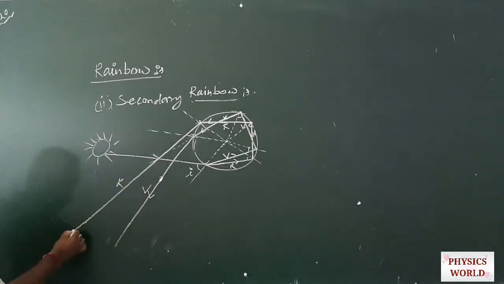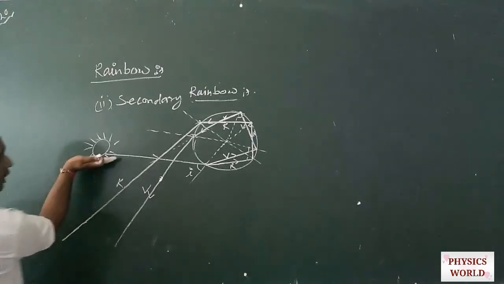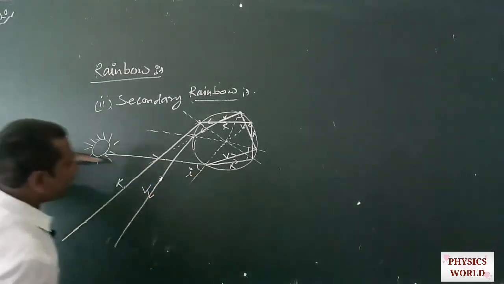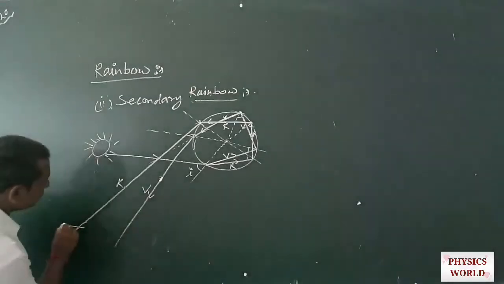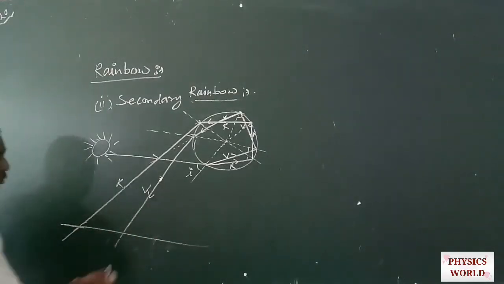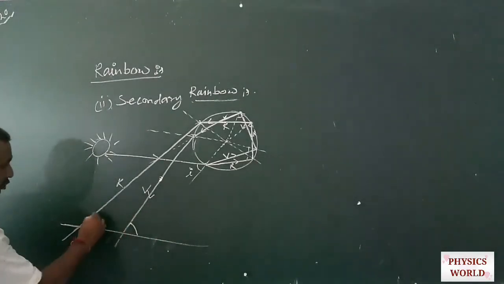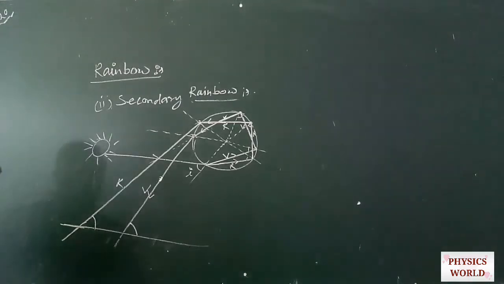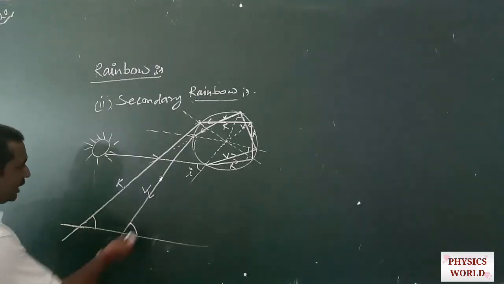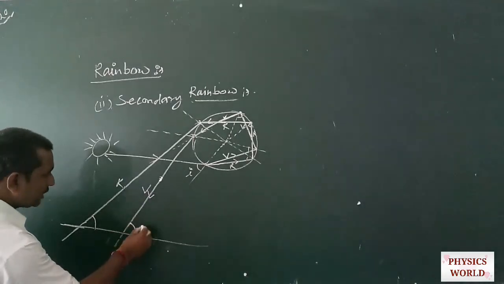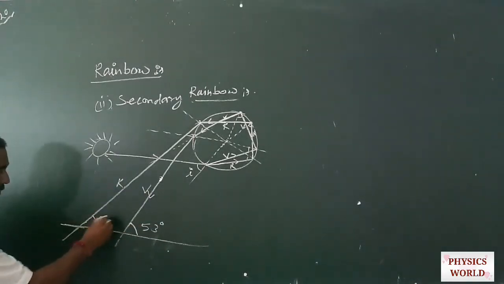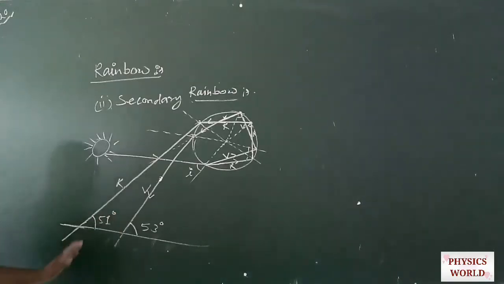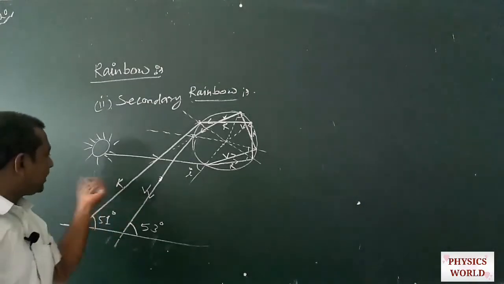If we draw a line just parallel to the line of the incident light ray which is entering the droplet, then we find that the angle made by the violet color is larger than the angle made by the red color. By experimental measurement, it is found that the angle made by the violet color is 53 degrees and that by the red color is 51 degrees.